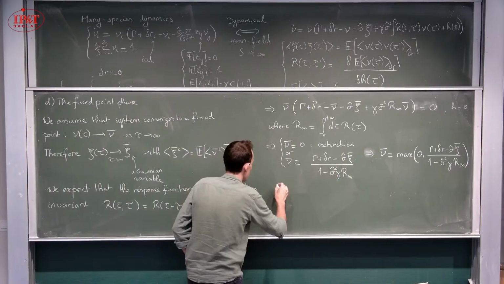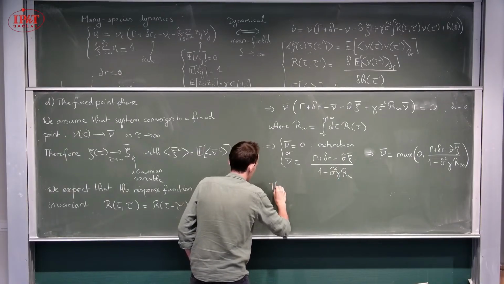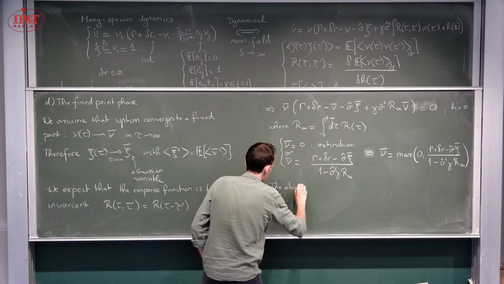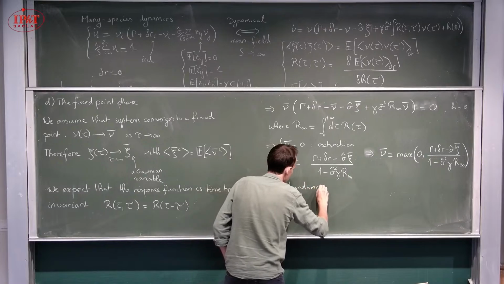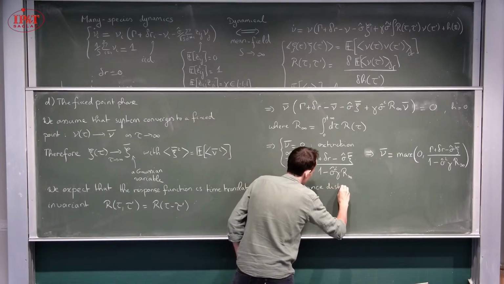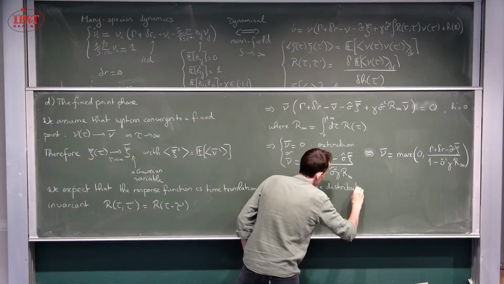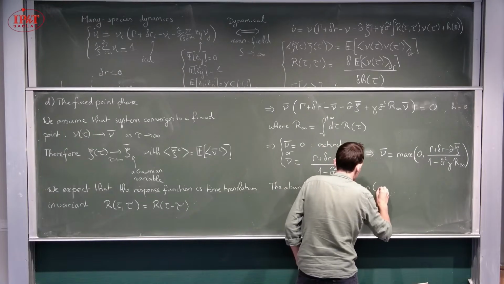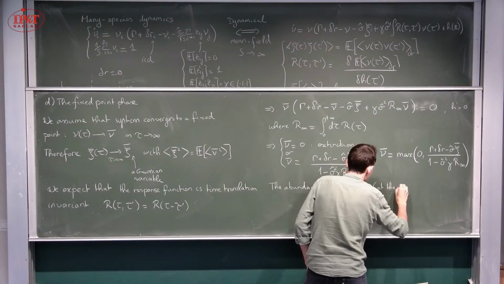So what you get from there is that the first thing that you can compute is the abundance distribution at the fixed points.